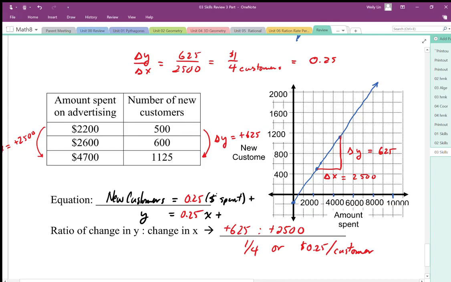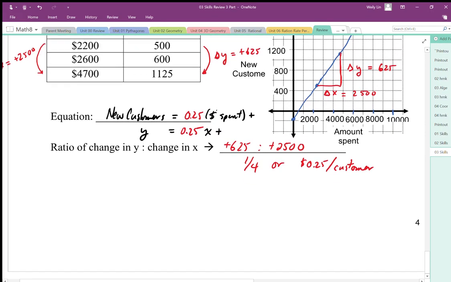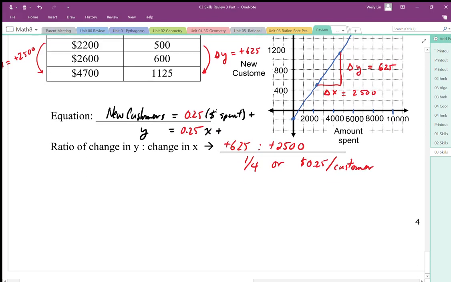And then we have to figure out how many new customers do we get for $0 of spending. Okay, so that's our y-intercept, and we need to figure out the y-intercept. We can kind of trace it back using our slope. I'm going to show you a way we can find that y-intercept by just plugging into our equation. So my equation looks like this: y equals 0.25x plus an unknown b.